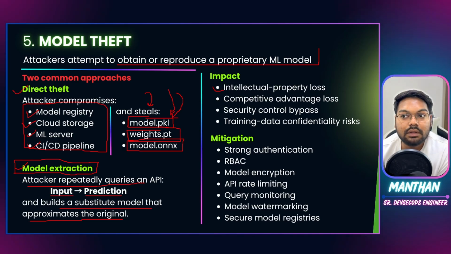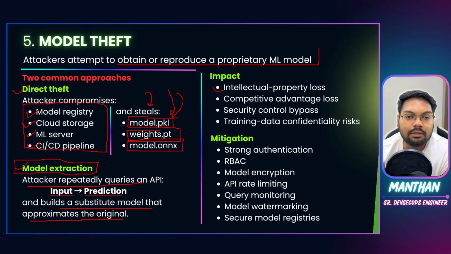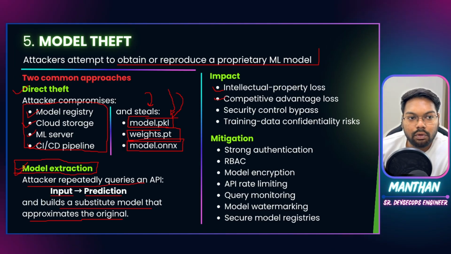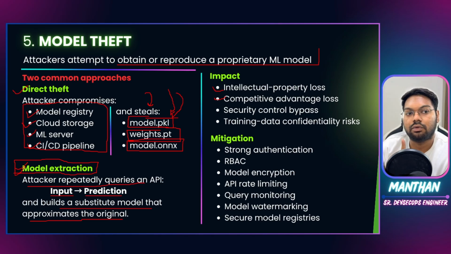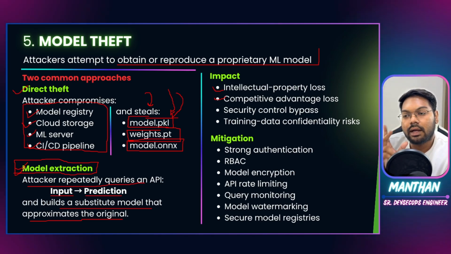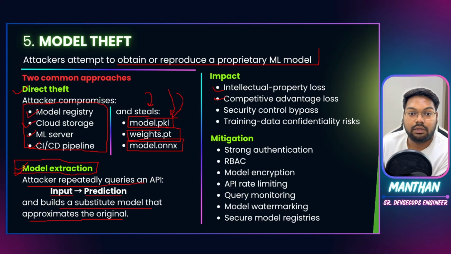So what happens is the intellectual property of ChatGPT has been lost due to someone extracting the information from this model. So that's why model extraction is one more thing. Then competitive advantage loss is there, because if someone says, look, for gardeners, my model is the best, more accurate than ChatGPT, then the people who are looking for information on gardening would only go on this new model which has been extracted from the ChatGPT system.